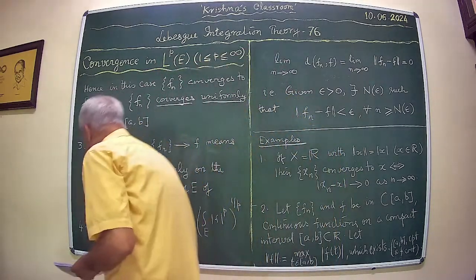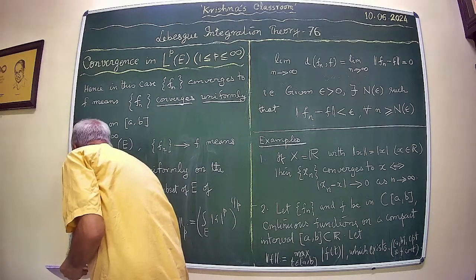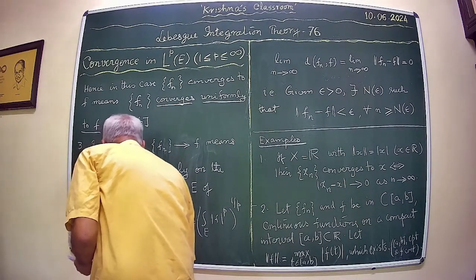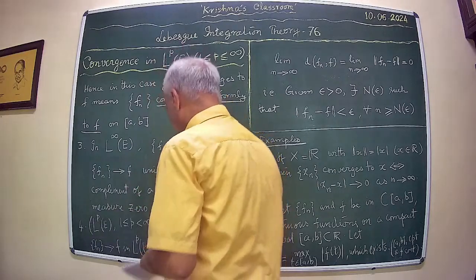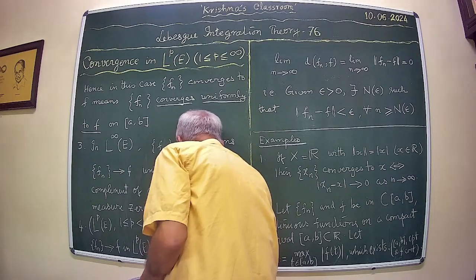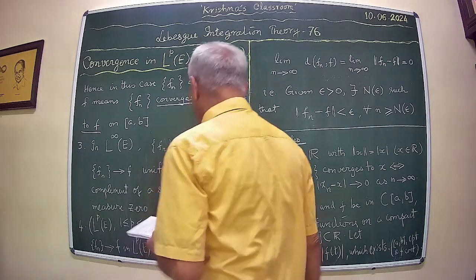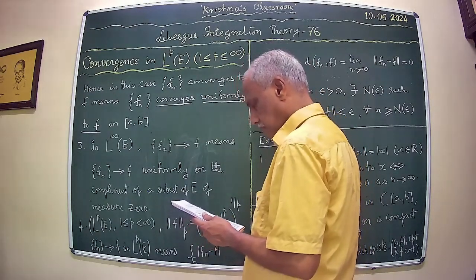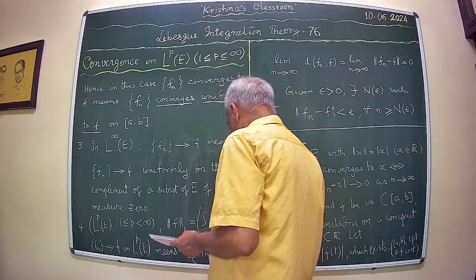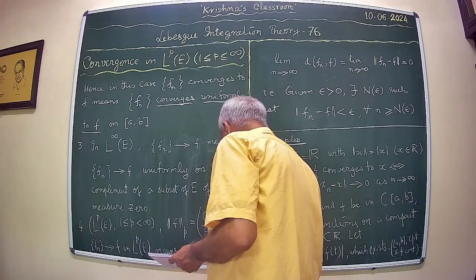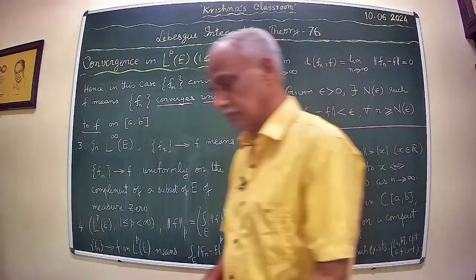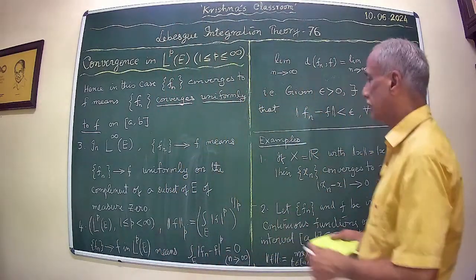We say that f_n converges to f means the norm of f_n minus f tends to 0. That's the meaning of that. So that's about convergence.